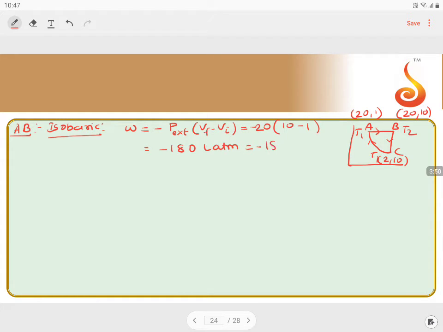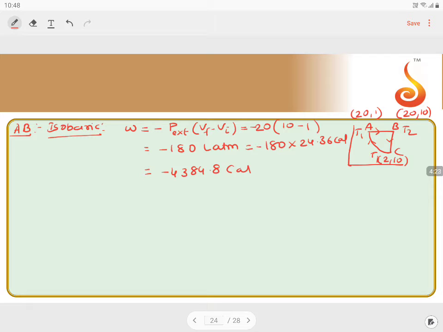That is minus 180 into 24.36 calories, since 1 liter atmosphere is approximately 24.36 calories. We get an answer equal to minus 4384.8 calories.